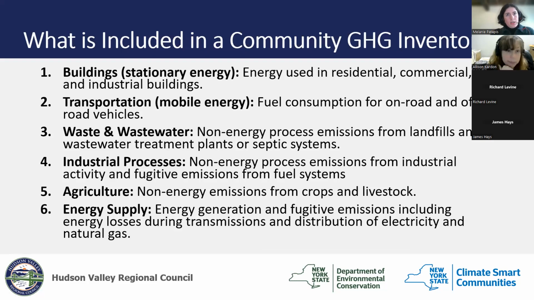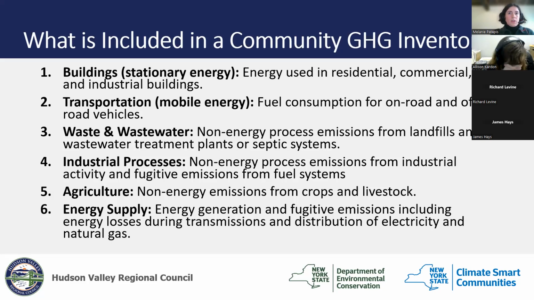The following focus areas are included in a community inventory. First is buildings and stationary energy, so any energy that's used in residential, commercial, and industrial buildings. Next is transportation, so fuel consumption for both on-road and off-road vehicles.